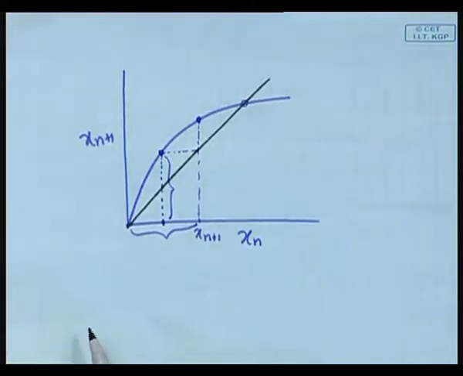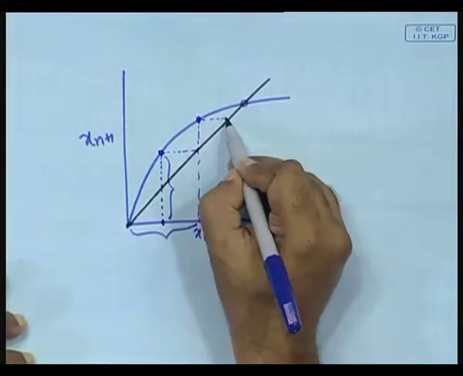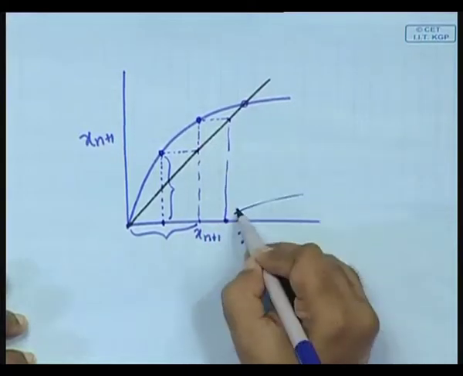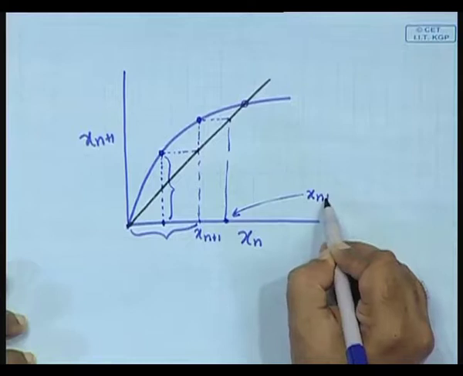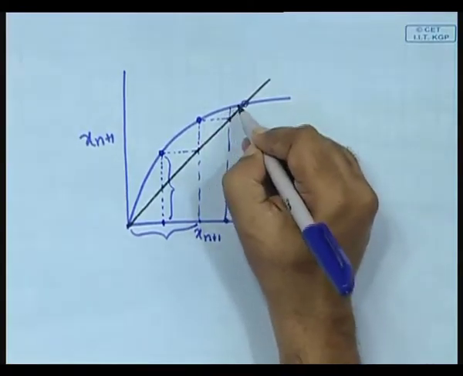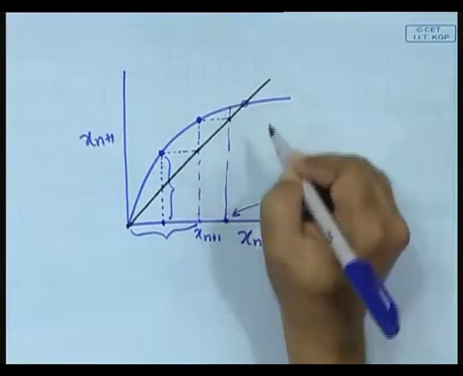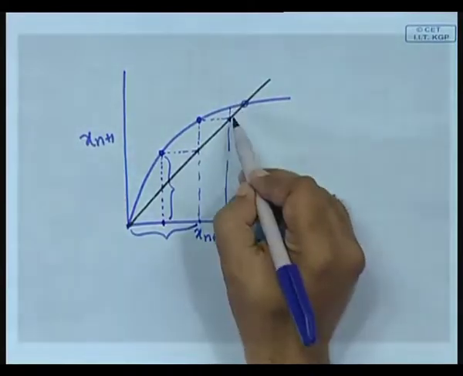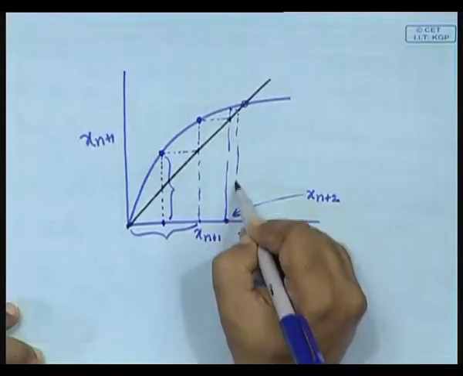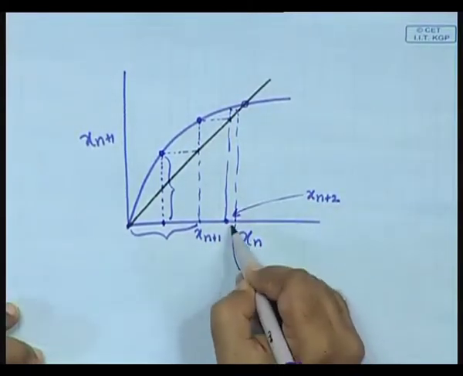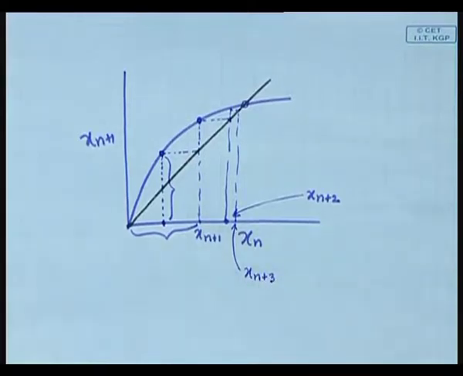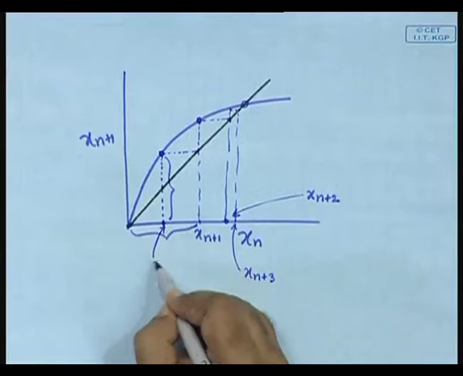Where will be x n plus 3? Simply come to this, and here this will be x n plus 2, and then go up to the graph. If you go to the 45-degree line, you come down here, this will be x n plus 3. Here is your x n.